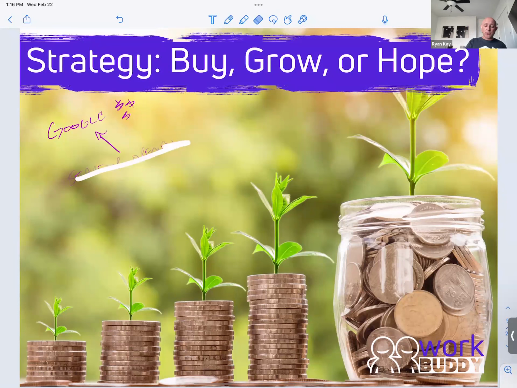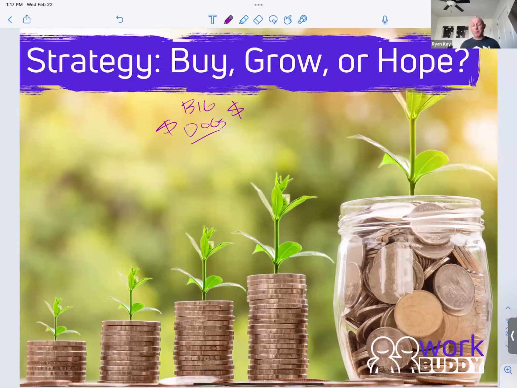The fact is, most organizations, you have three options. So the first one is buy. This is what big dogs do. So if you are the big dog employer, whether you're Google or Wells Fargo or you name it, they have the most money, they have the biggest team, they have the best brand recognition, they buy talent.